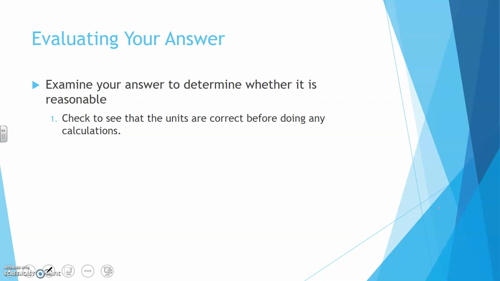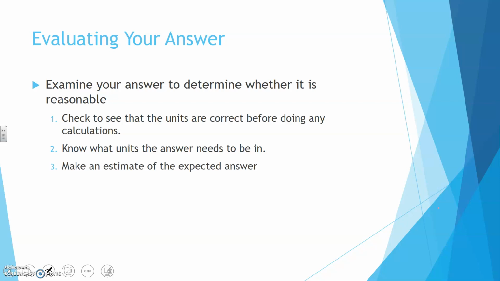Also, know what units the answer needs to be in. If you've got kilograms, but it's asking for the answer in grams, you do have to convert everything to grams. Everything has to be in the units that the answer needs them in.